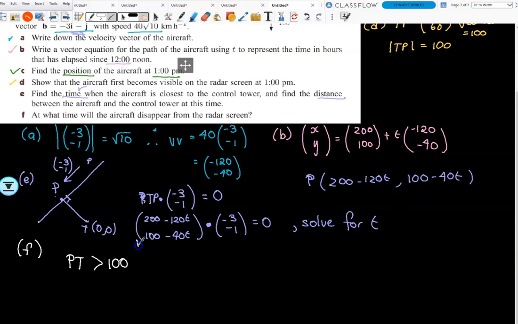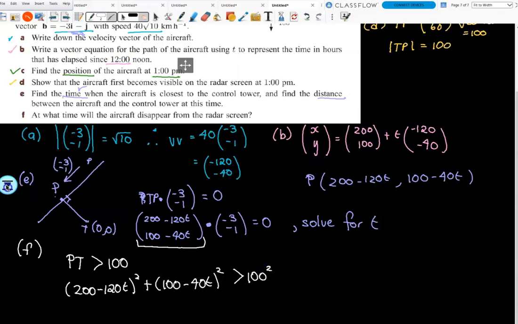So once again we get this vector, and it's that magnitude that we want to be greater than 100. So I'm going to go 200 minus 120t squared plus 100 minus 40t squared, and I want that to be greater than 100. I could square root, but to get rid of the square root I have to square, so I might as well just do that in one step anyway.